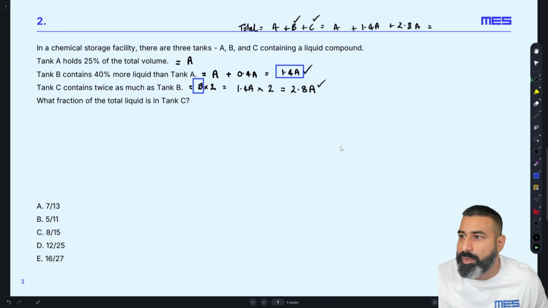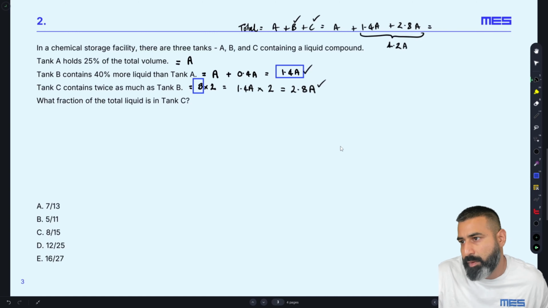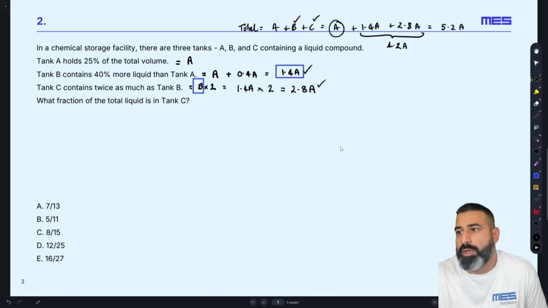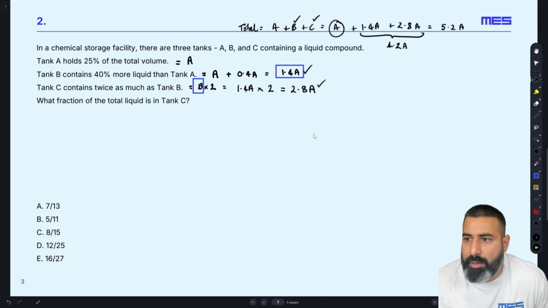So plus the 0.4 is 4.2. Okay. So that is 4.2A. And remember, I've got 1A here. So 1A plus 4.2 equals 5.2A. Okay, so that is my total.